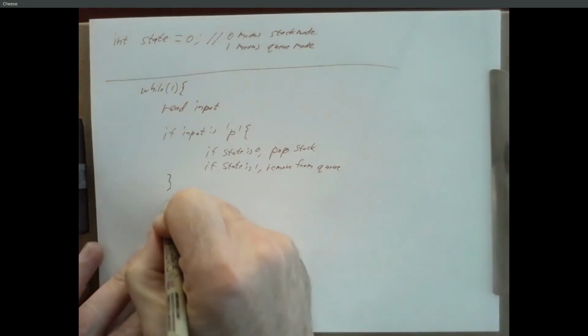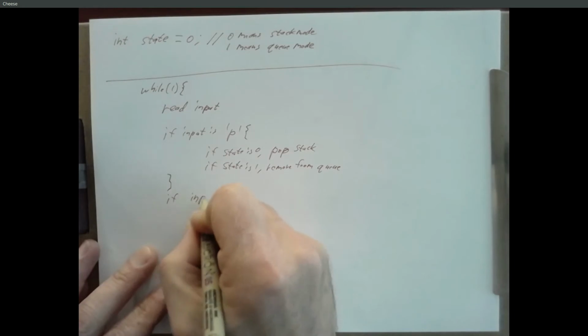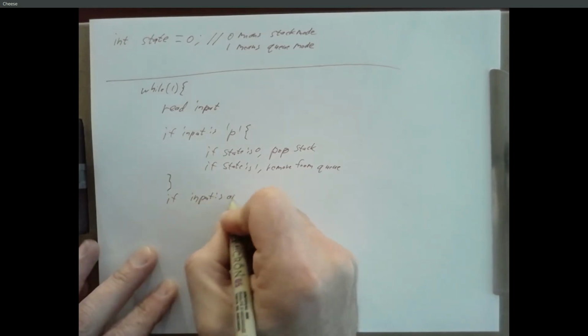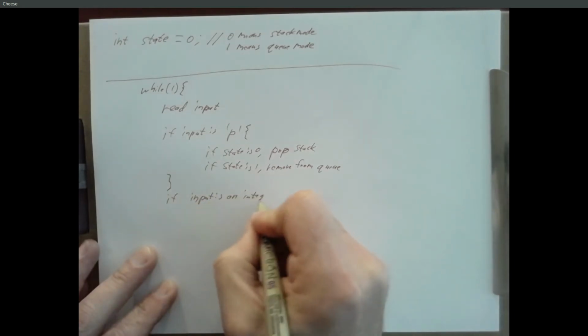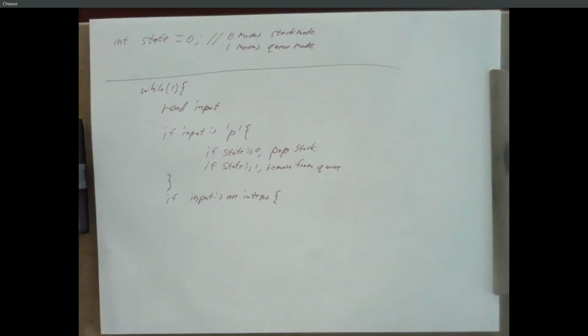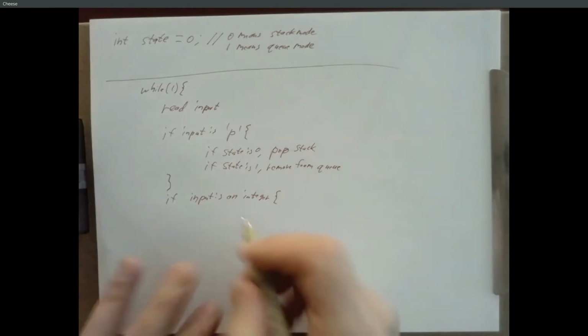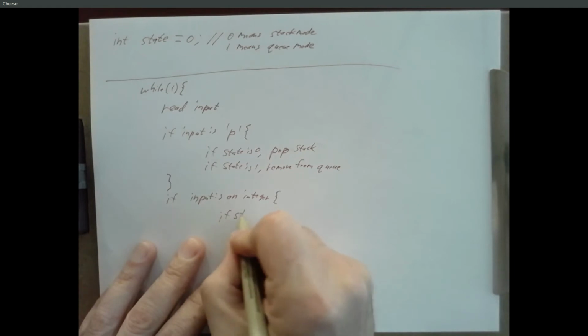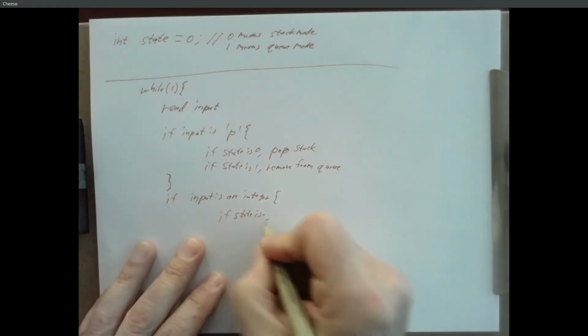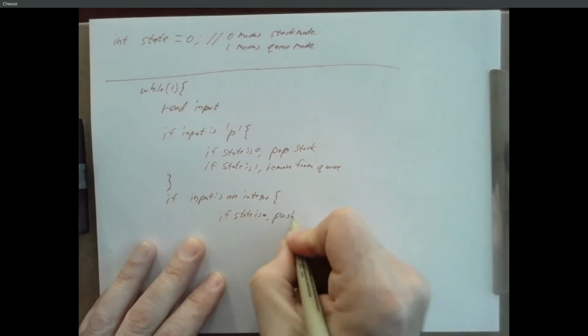If the user types a number, if they type an integer, we either want to push that onto the stack or we want to insert it into the tail of the queue, right? And again, how do we know which to do? Check your state variable. So if your state is 0, push your number.